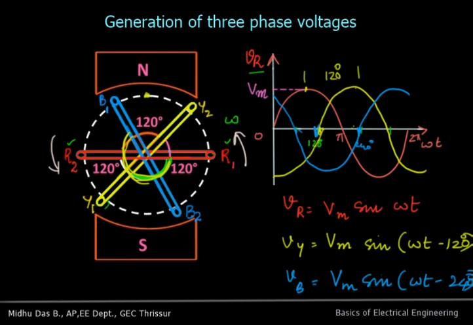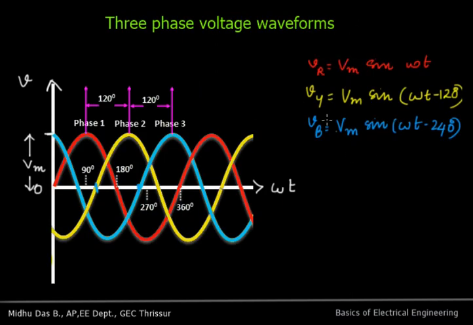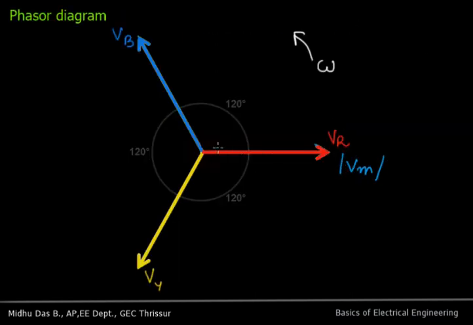Therefore, the EMF induced magnitude is the same, which means the phasors will be of equal magnitude but displaced by an angle of 120 degrees. So Vy will be lagging behind VR by 120 degrees and Vb will be lagging behind VR by 240 degrees.